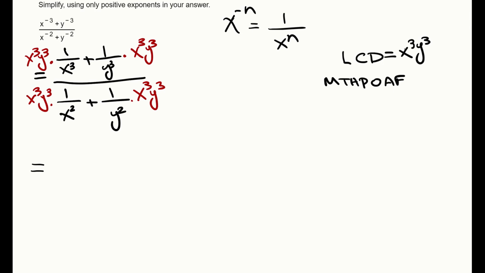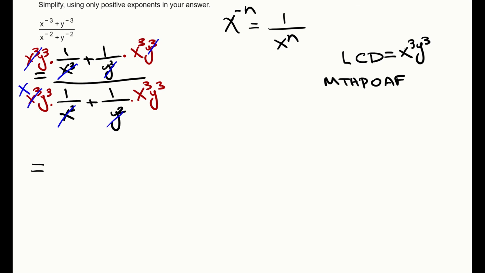Now, as we do so, we notice that some cross-canceling becomes possible. The x cubed will cross-cancel with that, and the y cubed here will cross-cancel with this y cubed. Down here, the x squared and the y cubed do cross-cancel, but they leave us an x on the top.